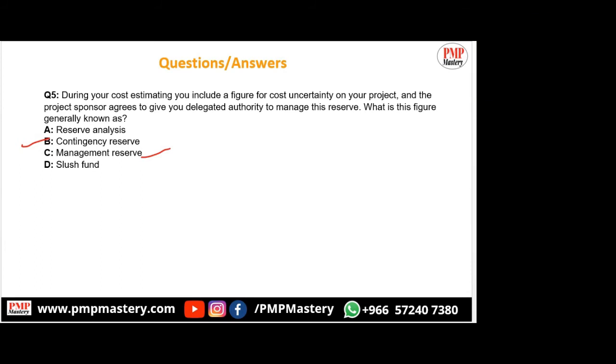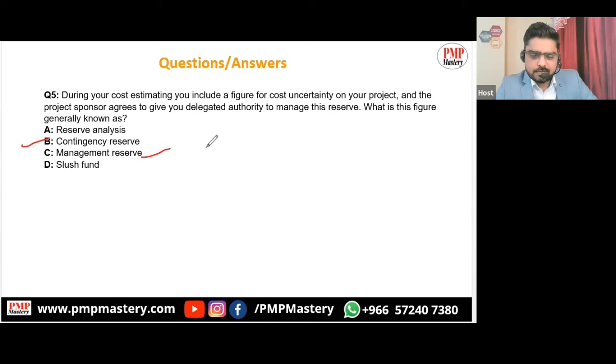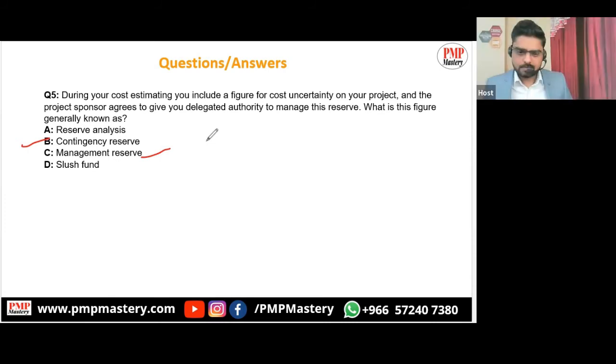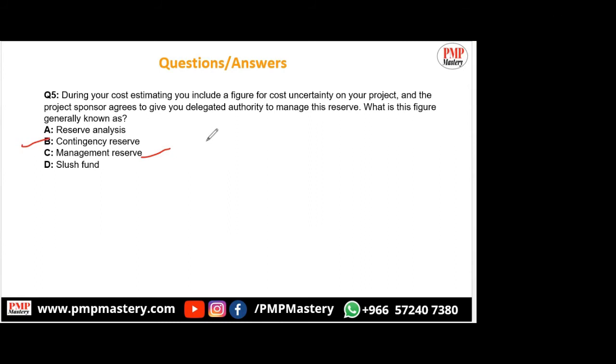Yes, in the project there is uncertainty, meaning anything can happen, so you can use this reserve as contingency, and management reserve is also one reserve that we can use once the contingency reserve is not enough.